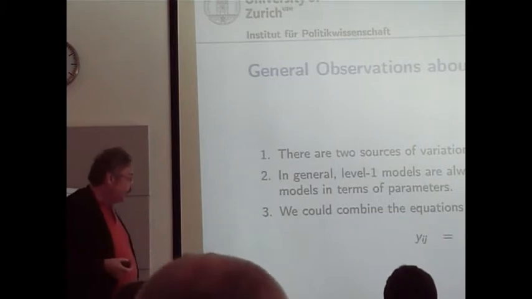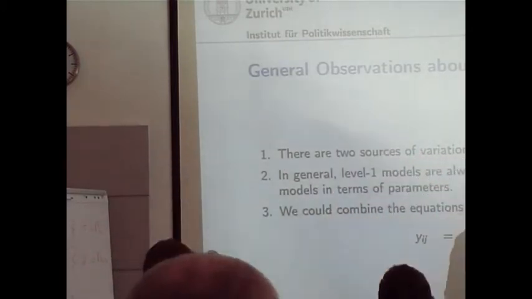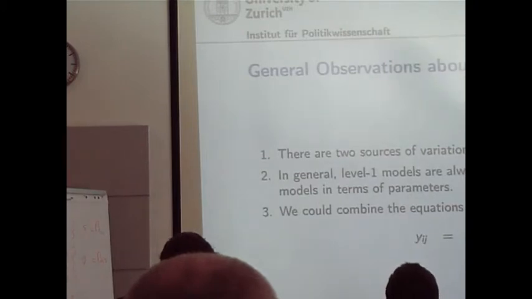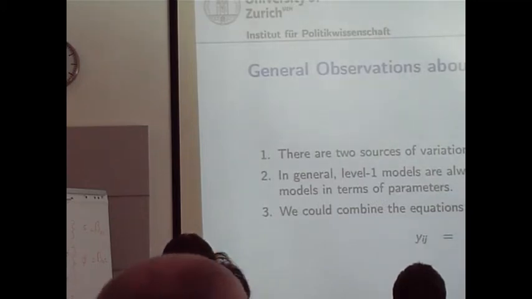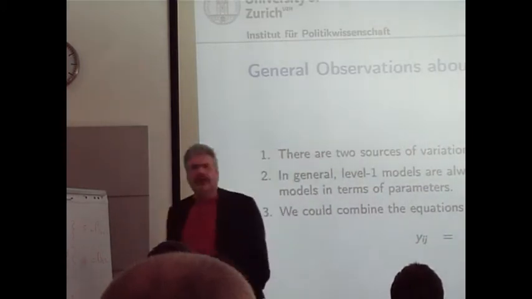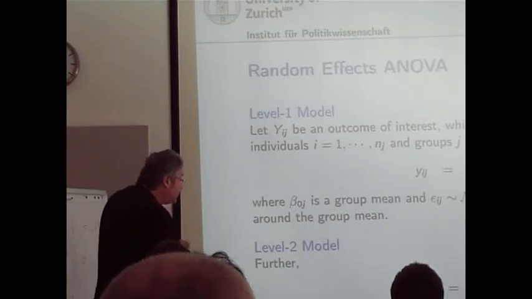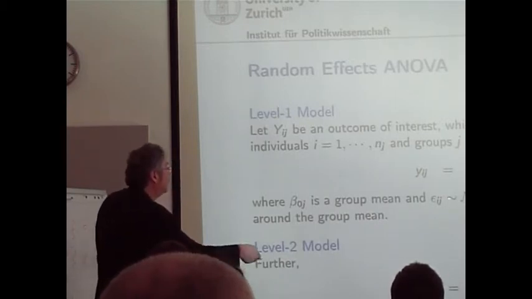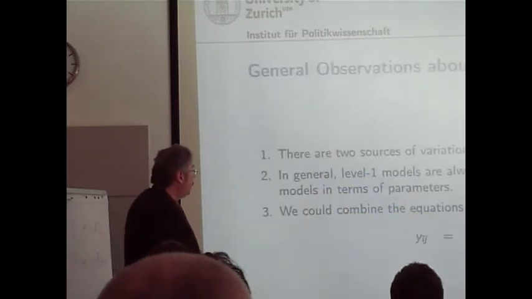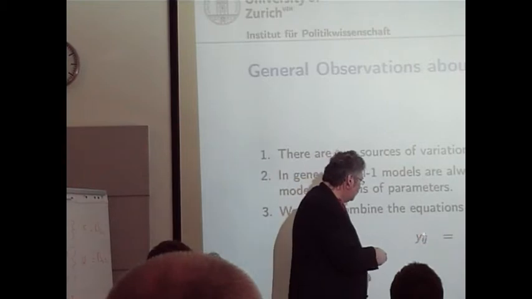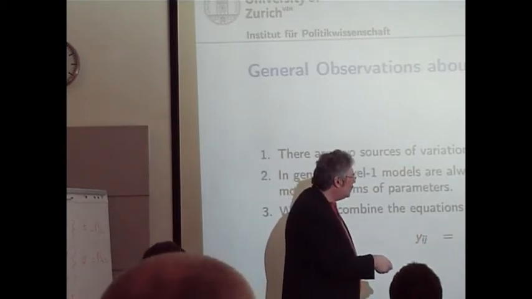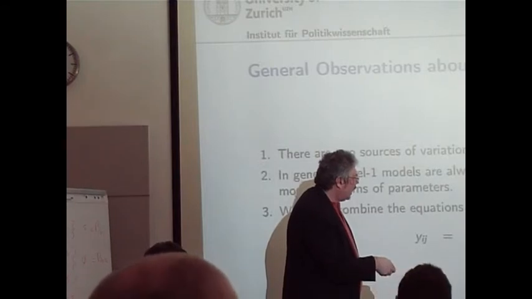So, general observations about this model: there are two sources of variation, the groups and the individuals. I already mentioned this. In general, the level 1 model is always stated in terms of the outcome, the level 2 model in terms of the parameters. And you can actually combine those two models quite easily by substituting this level 2 model into this level 1 model, in which case you end up with this equation, yij is gamma 0,0 plus delta 0j plus epsilon ij.